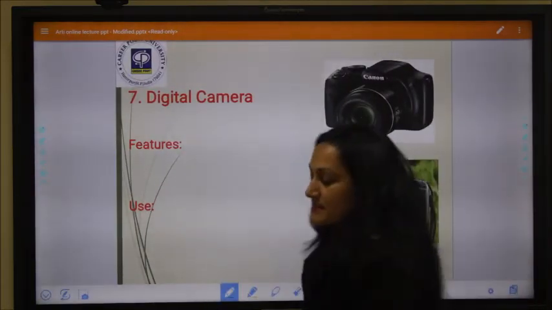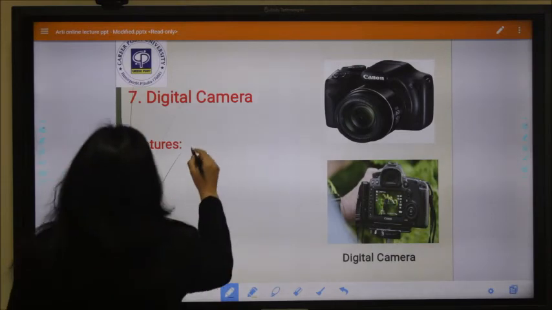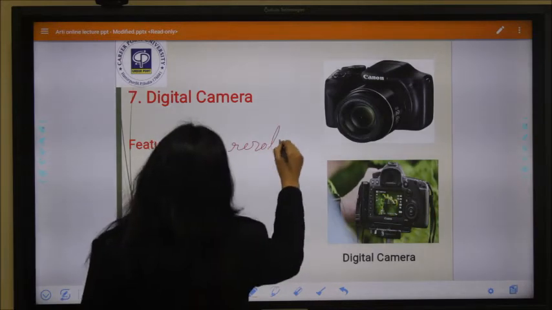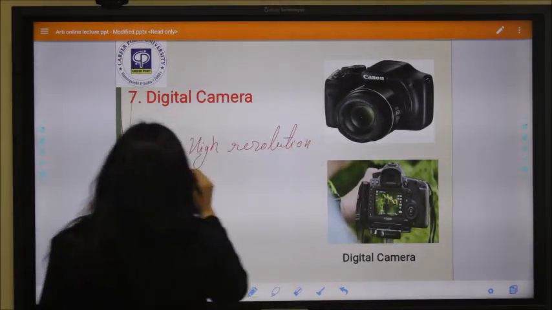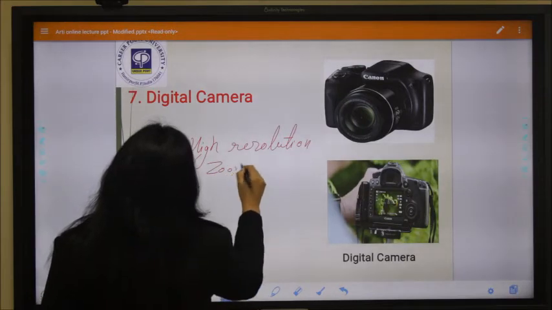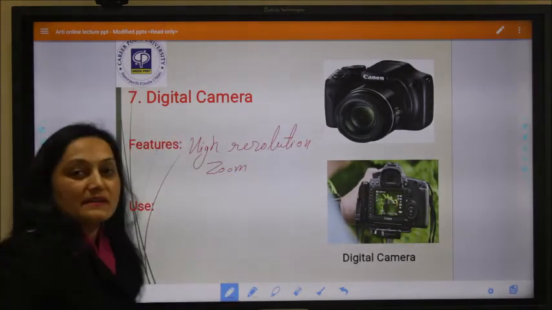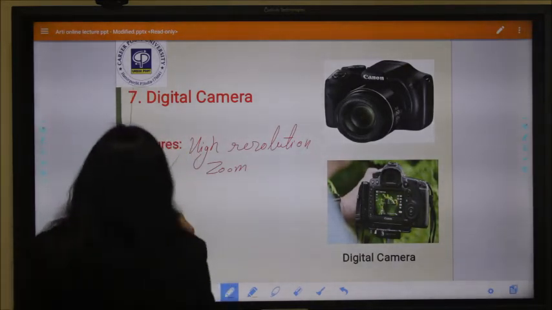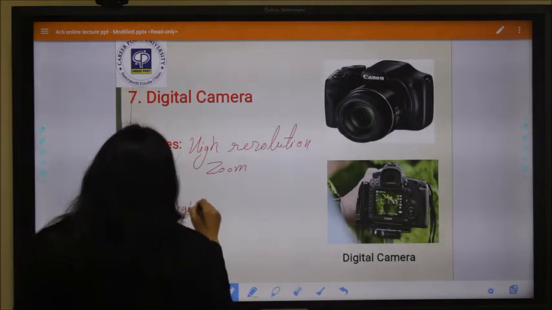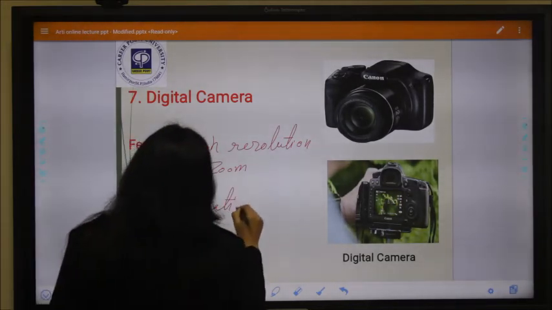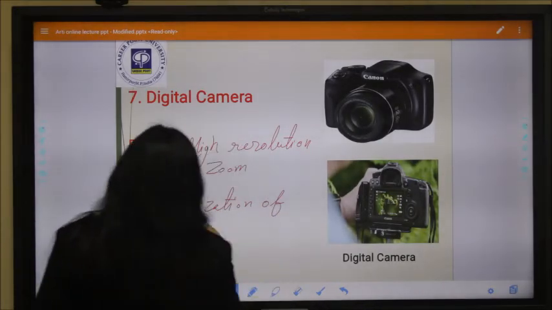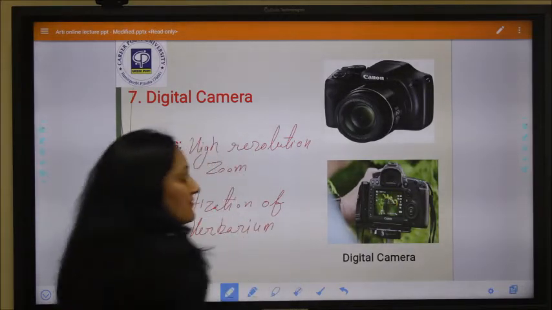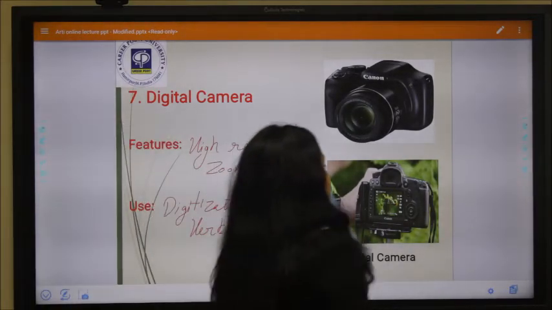Next requirement is digital camera with high resolution and with zoom facility for the purpose of photography of plant. This is very useful for digitization of herbarium.